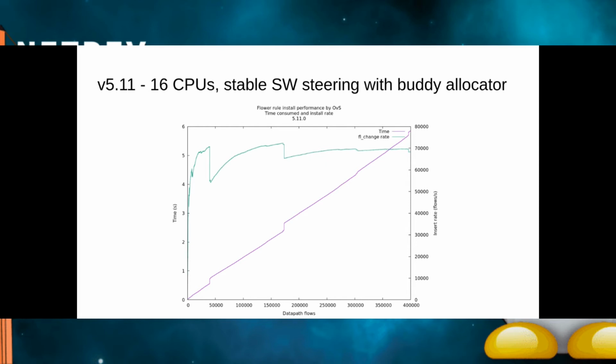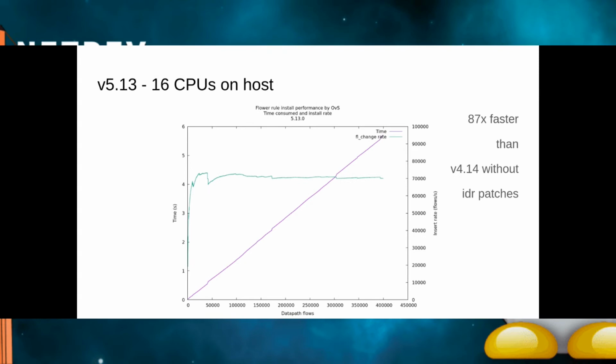I'm not sure from which cause this jigsaw formatting there, but it gets attenuated with the 5.13 kernel, 70,000 flows per second. This is 87 times faster than our base kernel.